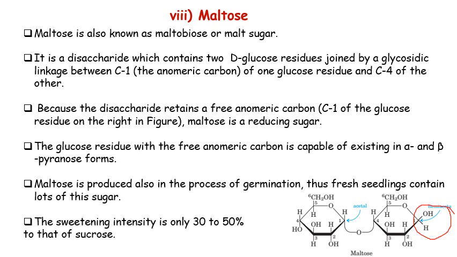If we talk about the sweetening intensity, it is less sweet as compared to sucrose, and sucrose is the standard that we always compare any of these carbohydrates or sugars with. So it is 30 to 50% as sweet as sucrose. Here below you can see the structural formula of maltose.